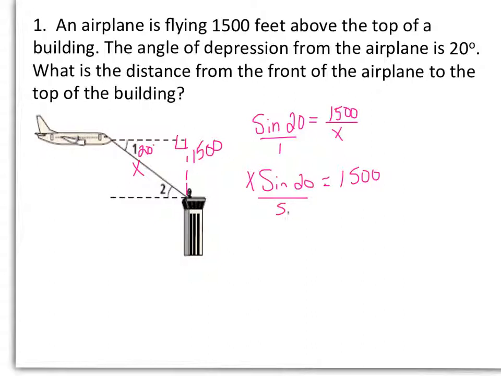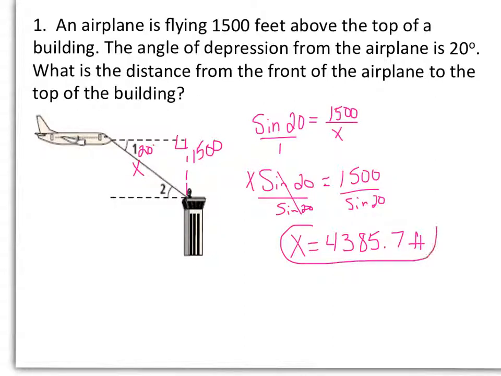Then divide both sides by sine of 20. Plug that in the calculator, and we get 4,385.7 feet. So that's how far the tip of the airplane is to the top of the building.